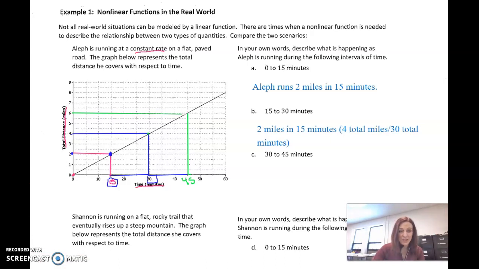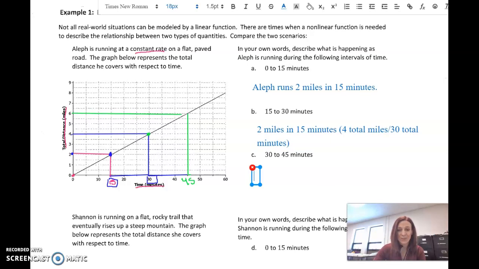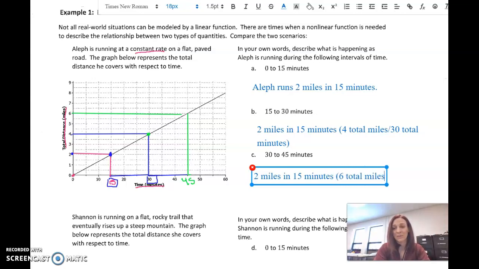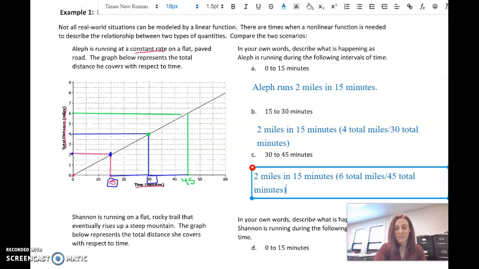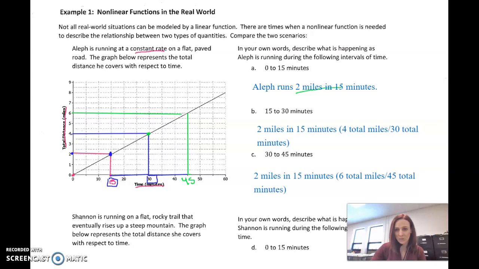And then I was right here at 4 miles, and now I'm at 6 miles. So really, it's going to be the same type thing. 2 miles in 15 minutes. And this time, it's 6 total miles and 45 total minutes. Okay? But what we notice in each of these: 2 miles, 15 minutes, 2 miles, 15 minutes, 2 miles, 15 minutes, constant rate.